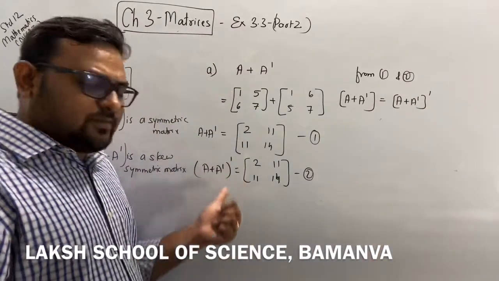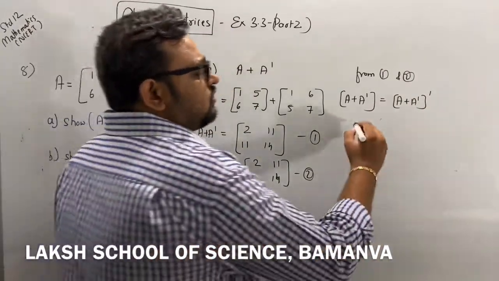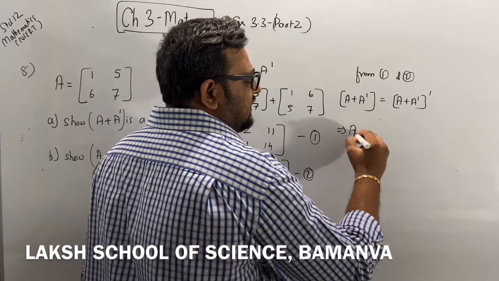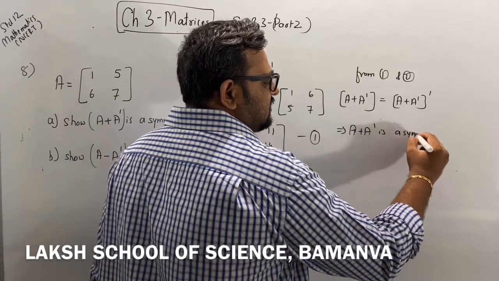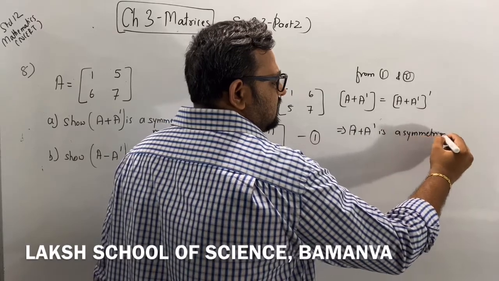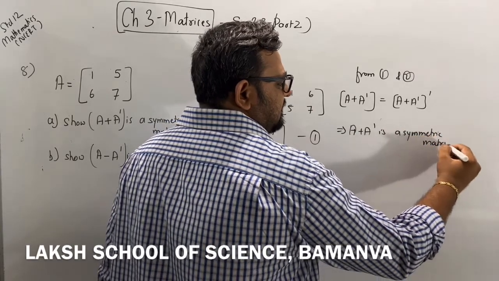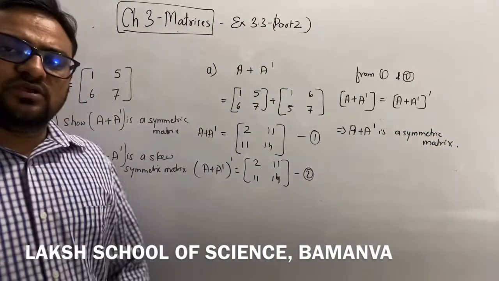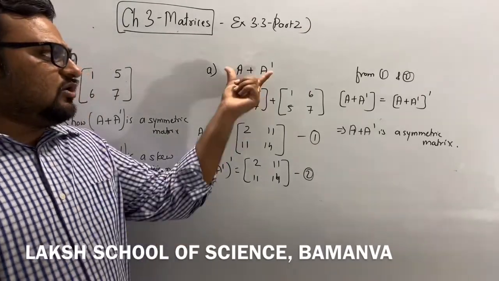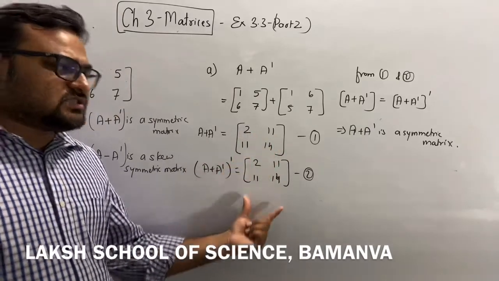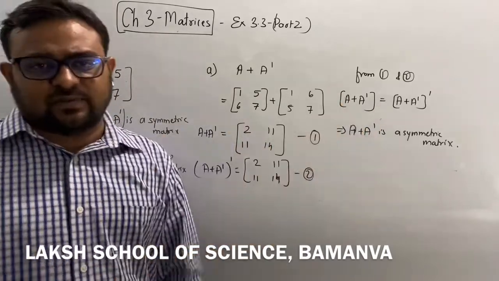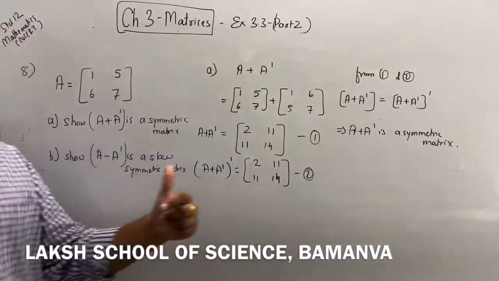So you can say that A plus A transpose is a symmetric matrix. What I have done is found A plus A transpose, then taken the transpose of it, and both are the same, so it is a symmetric matrix. Just note down this question.